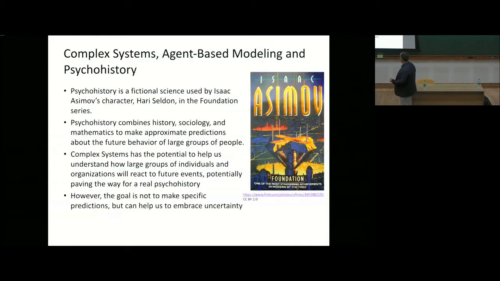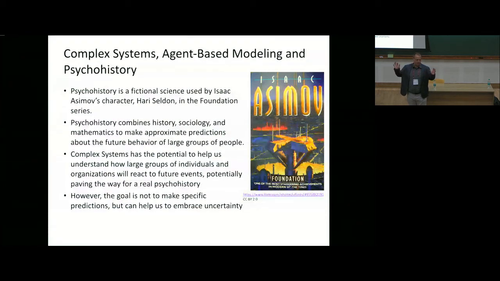Eventually, I'd love to see agent-based modeling take the role of something like this idea that Isaac Asimov presented called psychohistory, right? So Isaac Asimov has a series of books called the Foundation series, where he talks about a secretive group called the Foundation that tries to foretell where the masses of humanity are going, right?